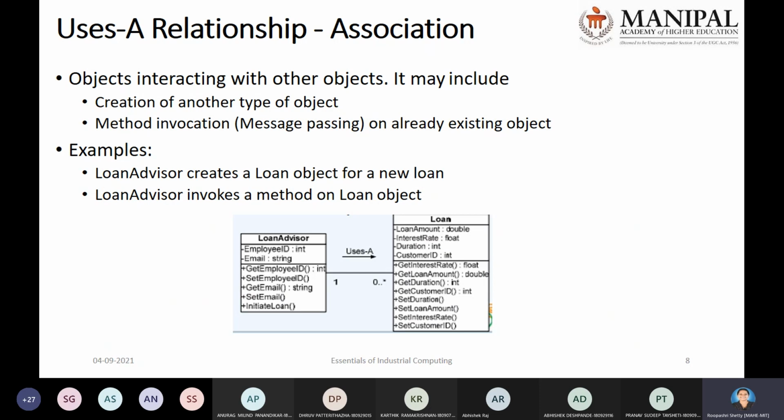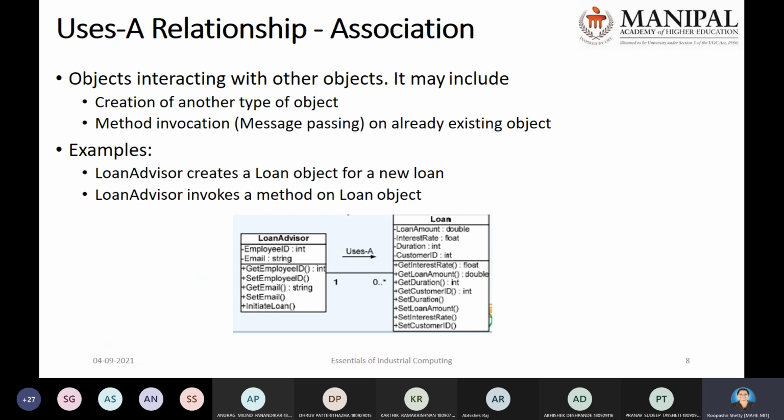Fine. See, there is a loan advisor. And loan advisor has to initiate the loan for a customer. And let's assume that there is an initiate loan function for loan advisor. You can see the last function of loan advisor. It is initiate loan.